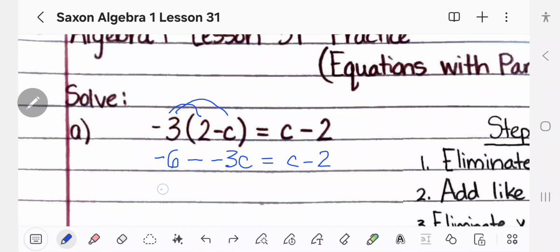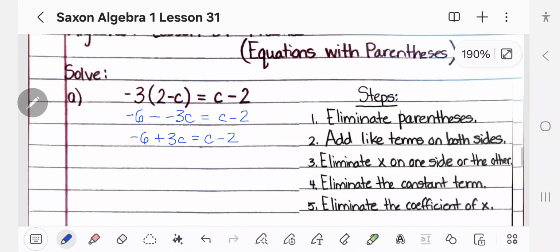So that's going to end up being negative 6 plus 3c equals c minus 2. A lot of times people notice that when they're distributing and say, okay, I know this is negative 6. This is going to be negative 3 times the opposite of c, which would be a positive 3c, or plus 3c. But you can do it in 2 steps like I did here if you would like.